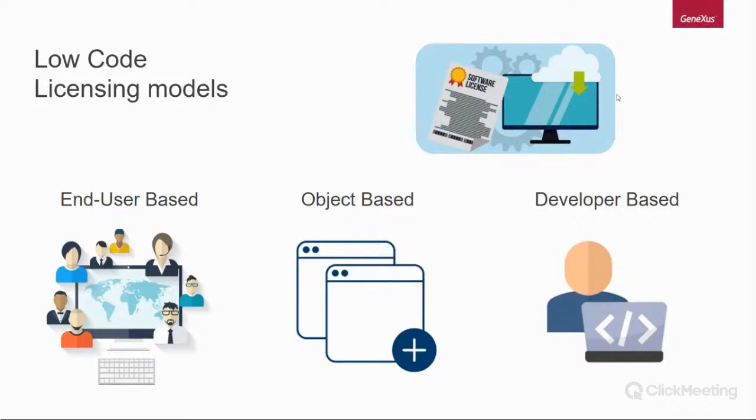First off, we have the end-user-based licensing model. The end-user-based licensing model is a licensing model that will charge the buyer of the software platform based on the amount of end users that the software created with the development platform has. For example, I purchase a development platform and I create a mobile app that is used by 1,000 people.